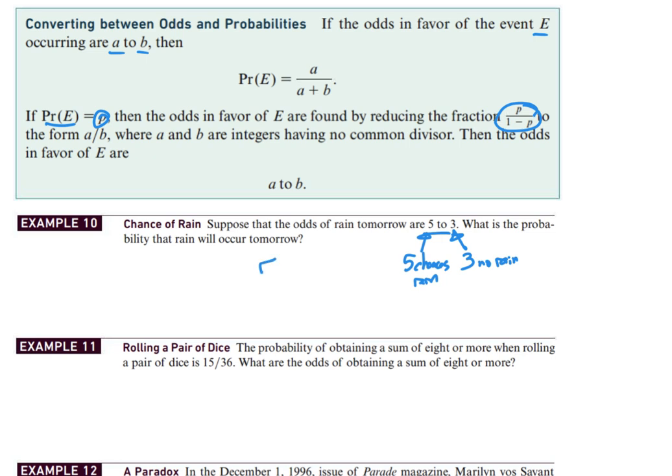So 5 chances of rain over how many chances total, which is 8, gives 0.625. Notice we took that A over A plus B, added the chances together, and we got 0.625.